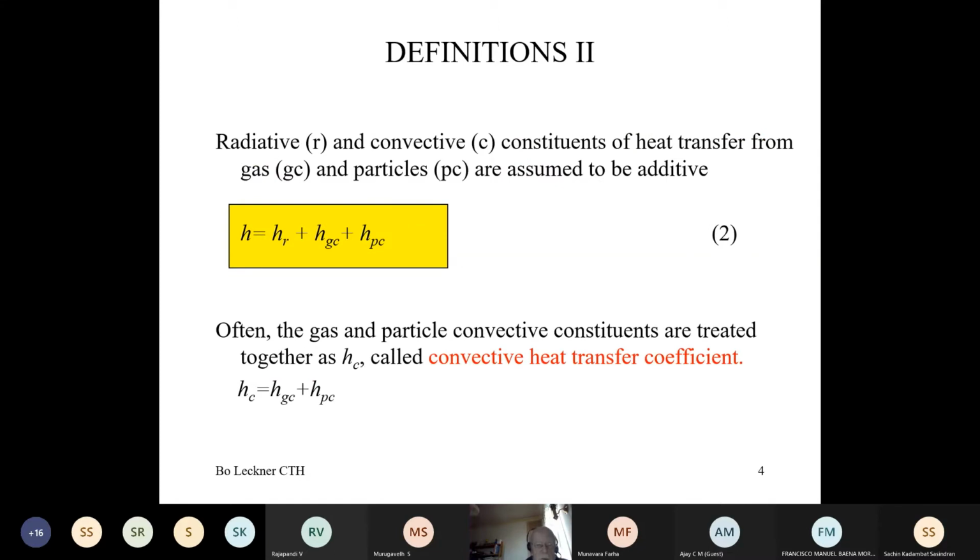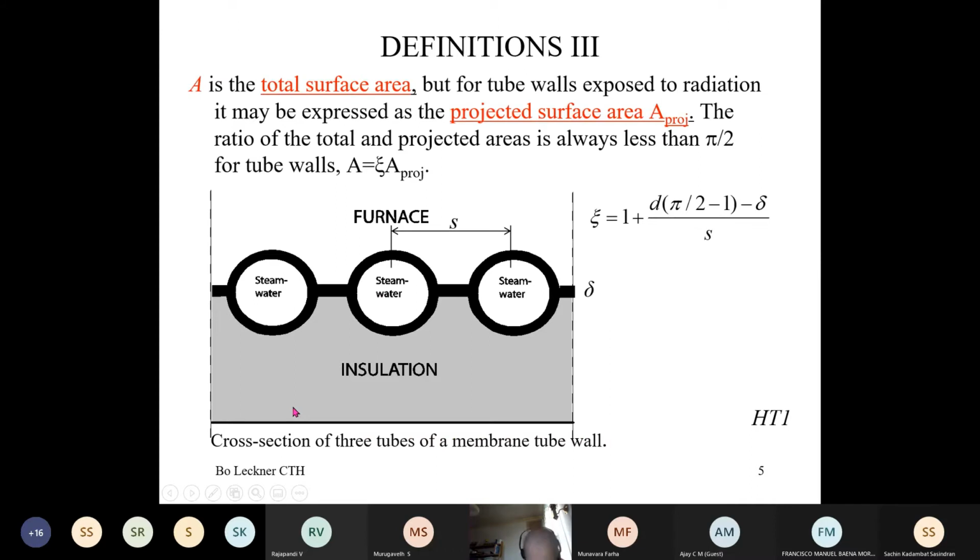First of all, the heat transfer coefficient for simplicity is assumed to consist of a radiation term H sub R, and the gas convective term and the particle convective term. And these are assumed to be additive. Fundamentally, maybe they are not completely additive, but this is an acceptable simplification. And also, sometimes the gas convective and the particle convective heat transfer terms are added together.